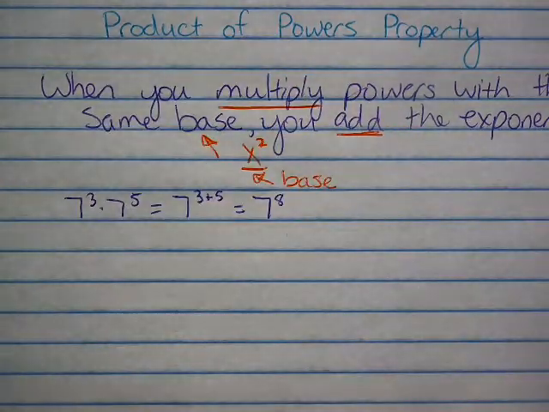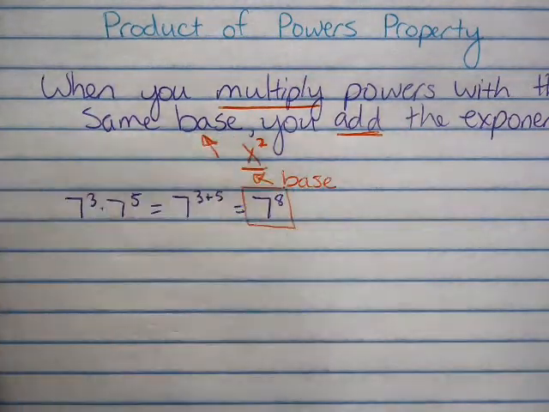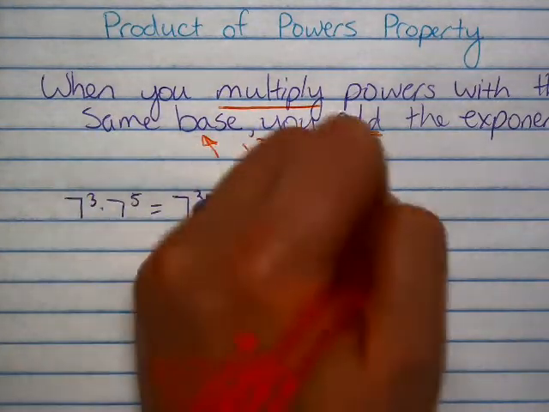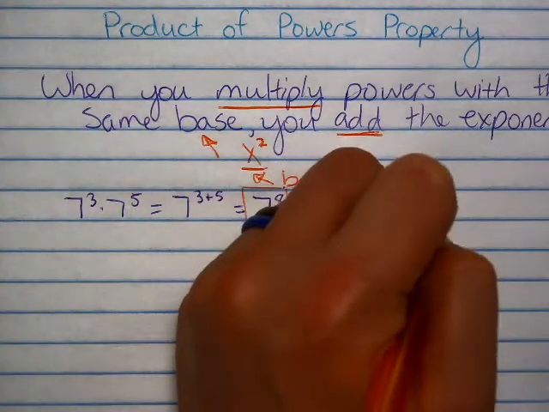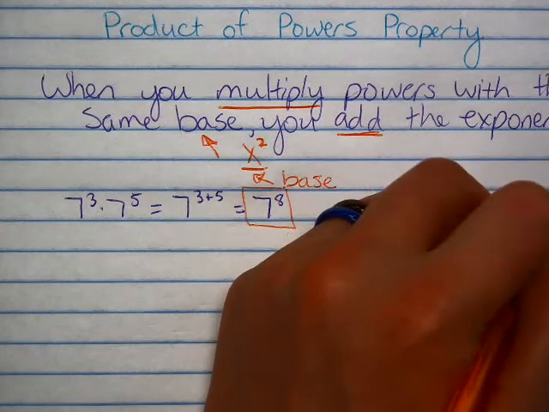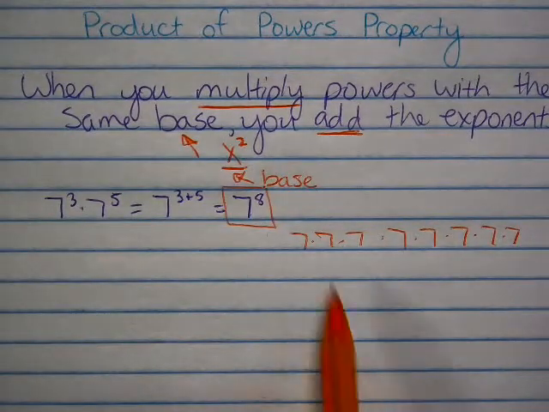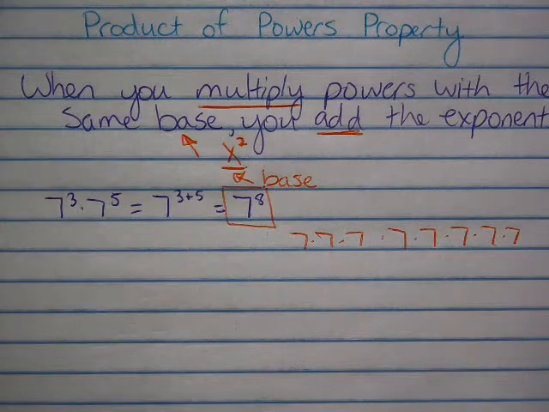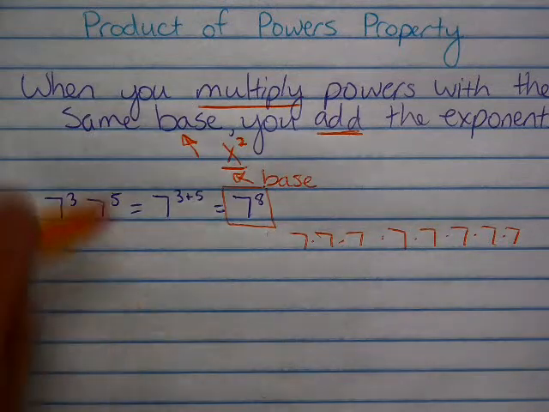We can get there two ways. I have 7 times 7 times 7, which is the cubed, times 7, 2, 3, 4, 5. So I have 7 to the 1, 2, 3, 4, 5, 6, 7, 8. 7 to the 8th.